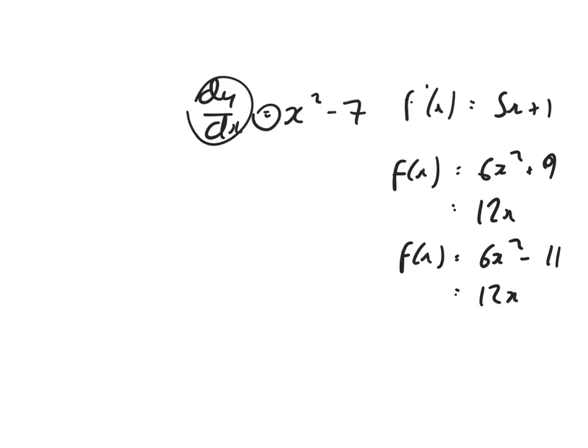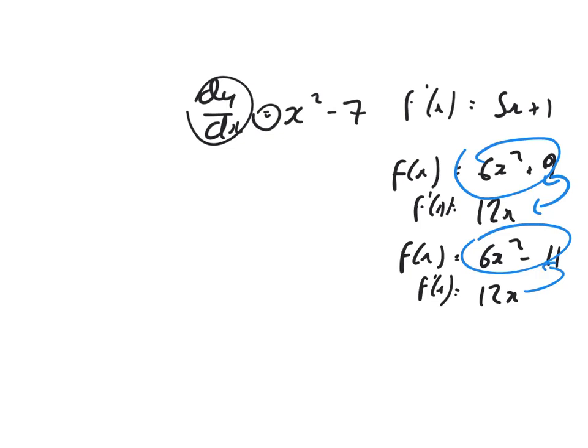If we then look to integrate 12x, then it could be a reasonable result to say it would give you 6x squared plus 9, since when we differentiated that we did get 12x. But it could also be reasonable to say that the answer is 6x squared minus 11, since we differentiated 6x squared minus 11 to also get 12x.